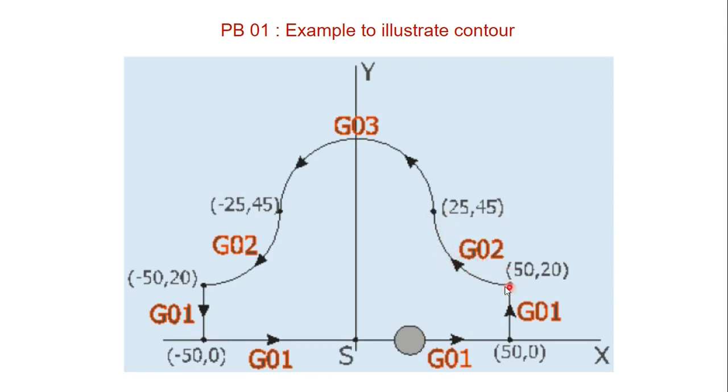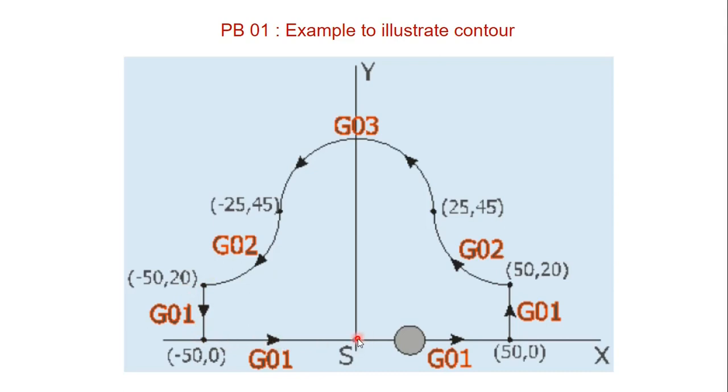Again, you can see G02 because we are using a clockwise motion here. When the tool reaches here, it has to move like this, that is anti-clockwise motion, so that's why we are going for G03. Then again from here to here it is clockwise motion, so that's why G02, and from here to here it is G01, that is linear, and then again the tool will come to this position.